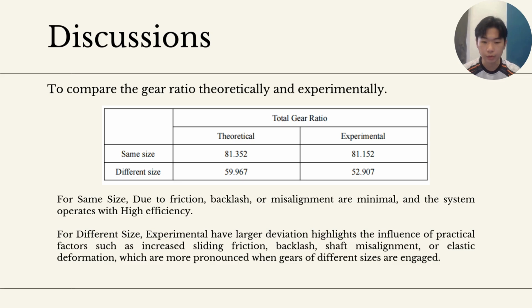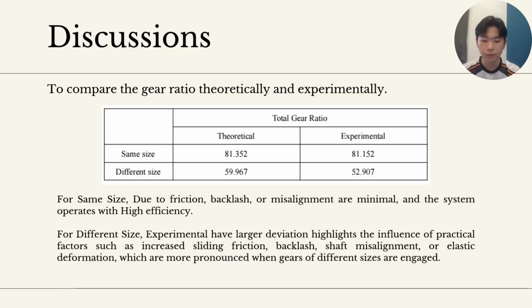This difference is only a very small error. This indicated that the experimental result closely matched the theoretical prediction. This showed that losses due to friction, backlash or misalignment are minimal and the system operates with high efficiency.